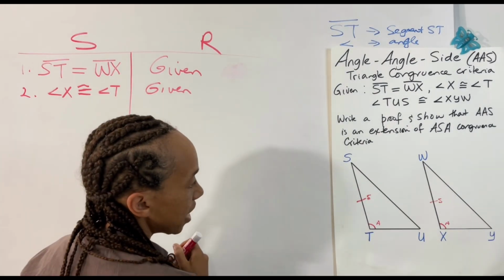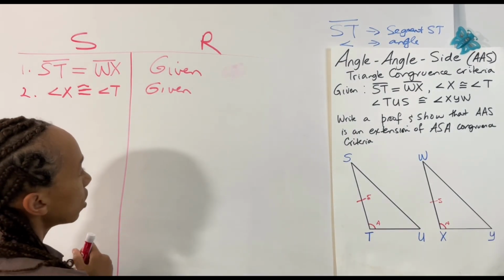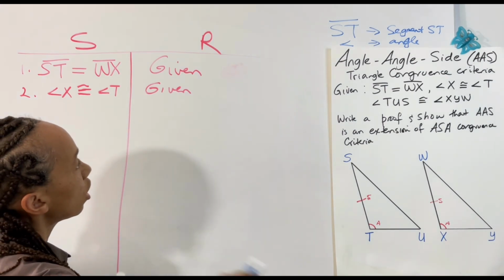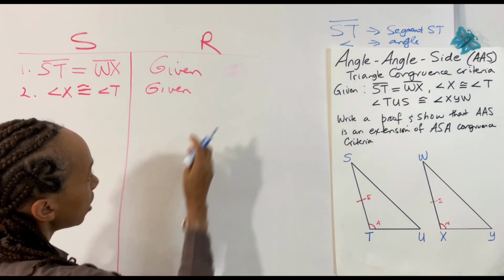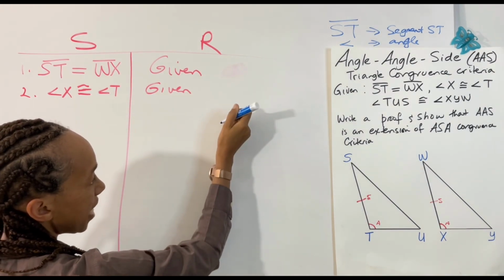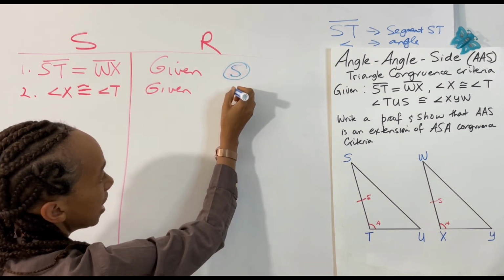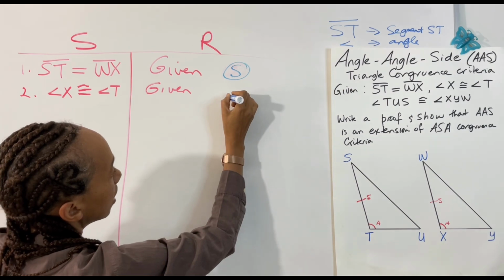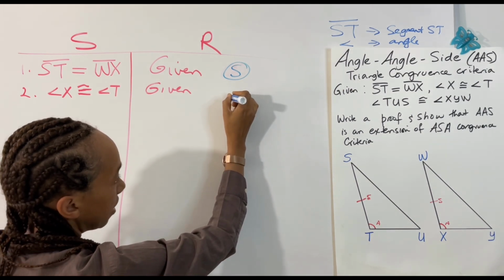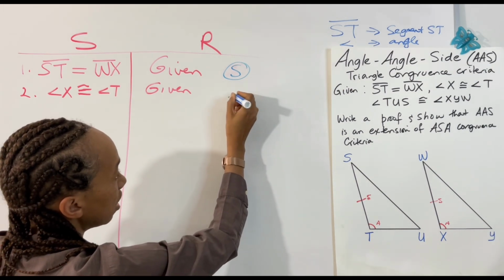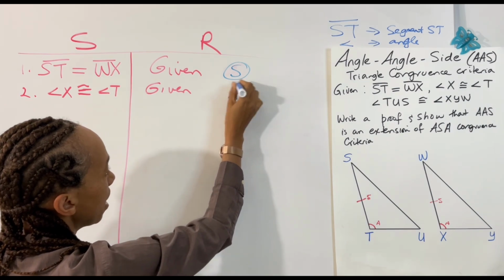So another thing that I tell my students also is that they should put the letter that denotes whether it's a segment or an angle beside whether it's your given or if it is your reason that you are formulating from evidence that you see. So you will have your A right here for the angle.